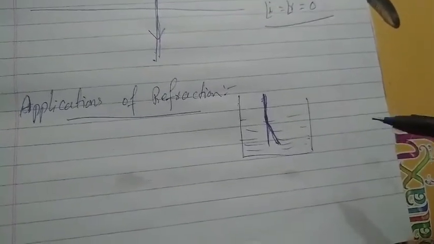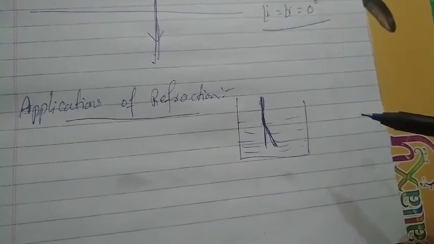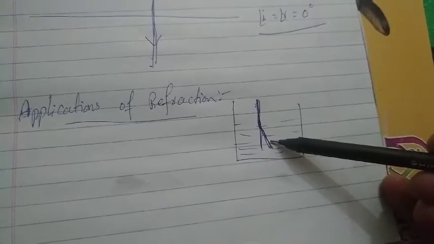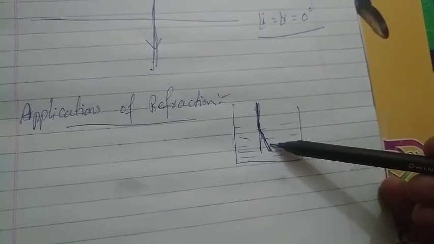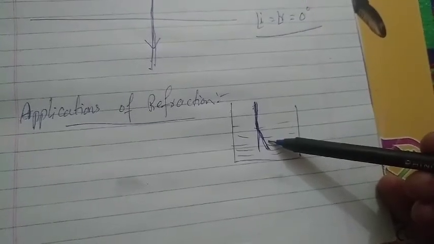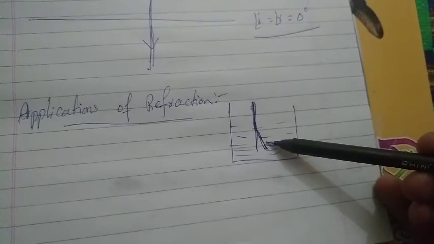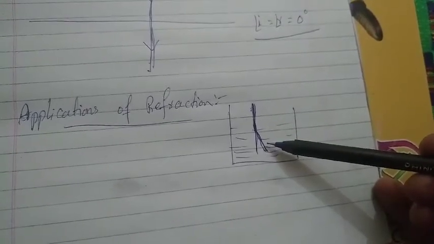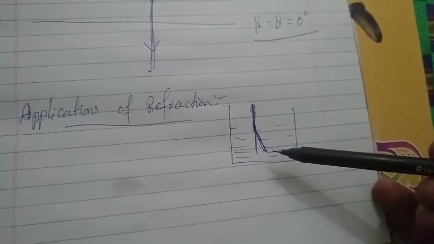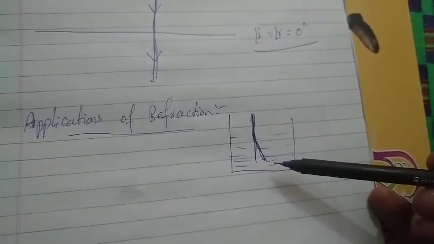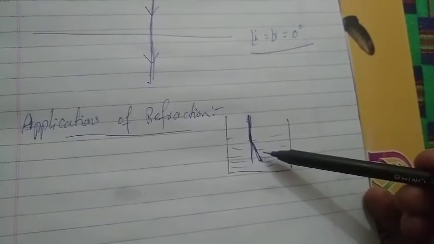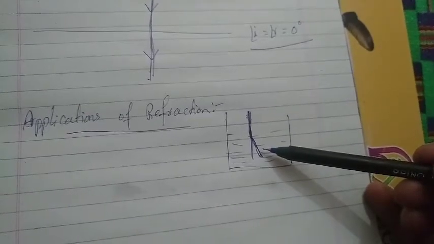So the medium has not changed. There is no bending of light. But when we see this portion, it is inside the water. We are watching it from air, but the material is in water. There is a change in the medium. When the medium changes, the speed of light changes and its direction also changes, so that it appears to be bent.